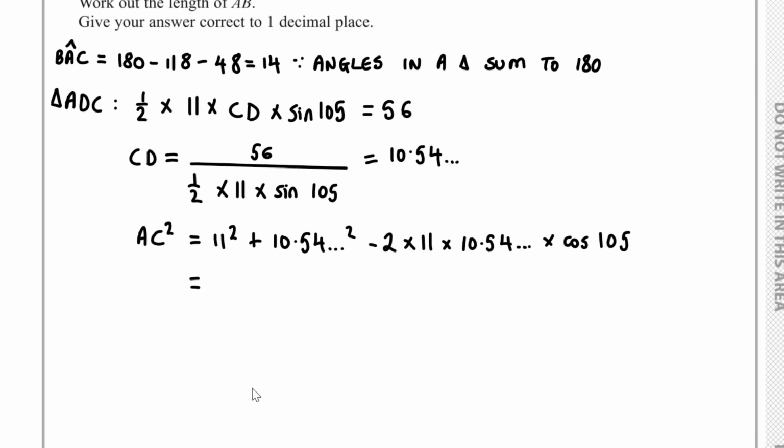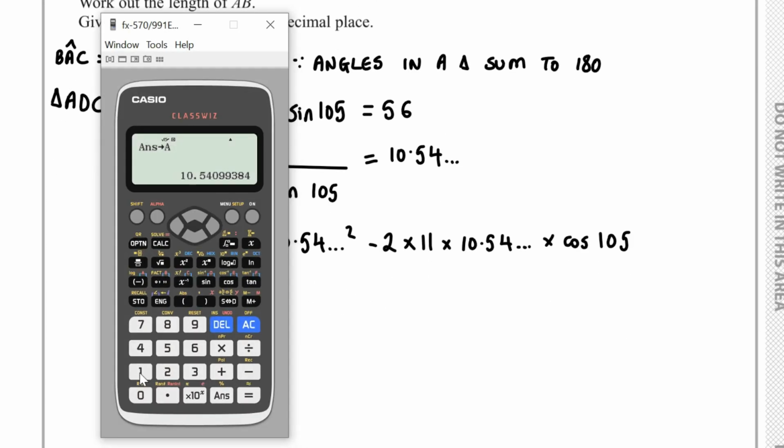If we work this out, we've got 11 squared plus this squared minus 2 lots of this times 11 times the cosine of 105, and then we square root this.